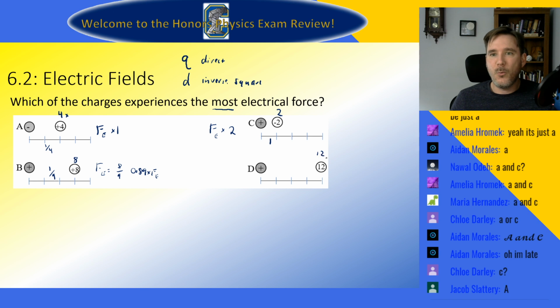This one has 12 times the force because of the amount of charge, but it's got 4 units of distance, which means it's going to experience 1/16 the force. So we multiply those together, 12 times 1/16, so 12 divided by 16, I get 0.75. So this is not even going to be close here. But see how you could do this quickly; I'm explaining it, so I'm going a little bit slower. So it looks like of all of these, letter C is going to be experiencing the strongest force.